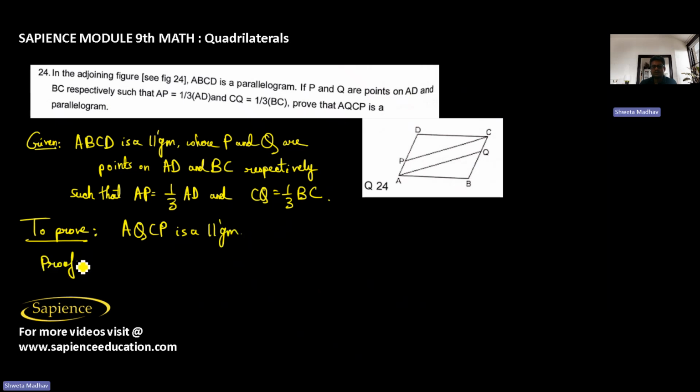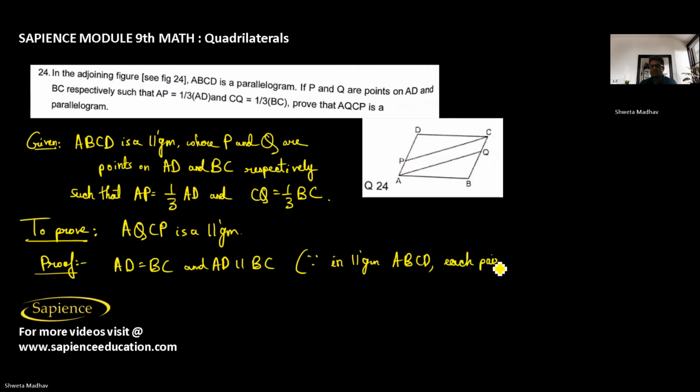The proof will be that AD equals BC and AD is parallel to BC, since in parallelogram ABCD each pair of opposite sides are equal and parallel to each other.